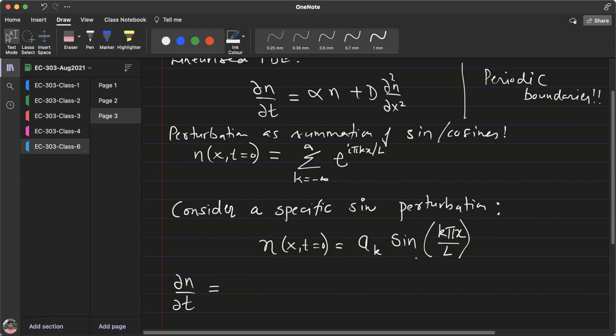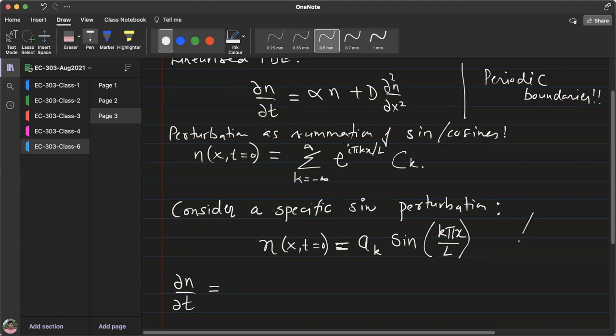The sine part doesn't depend on time, so its derivative is 0. There must have been a coefficient A_k here. So what about A_k?